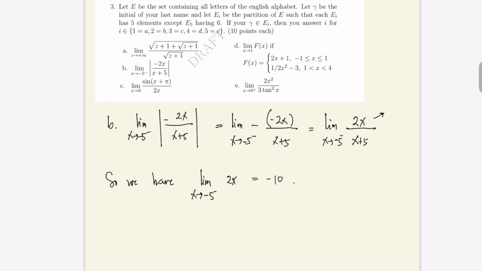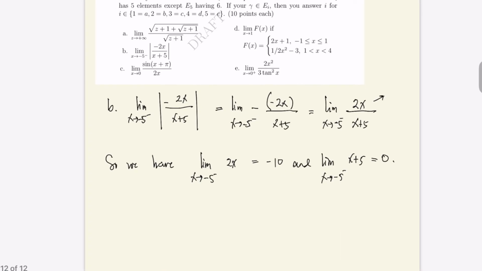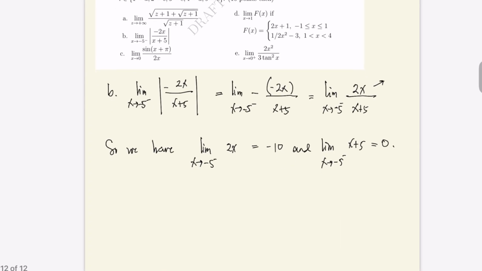Then, the limit of x plus 5 as x approaches negative 5 from the left is 0. But let g of x be equal to x plus 5. So g of x approaches 0 through what?